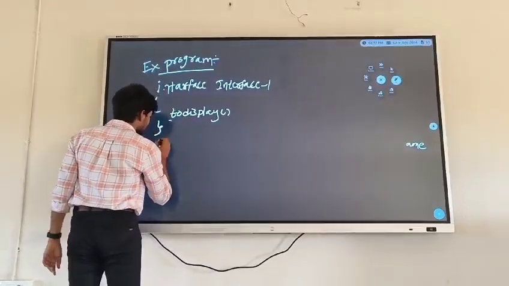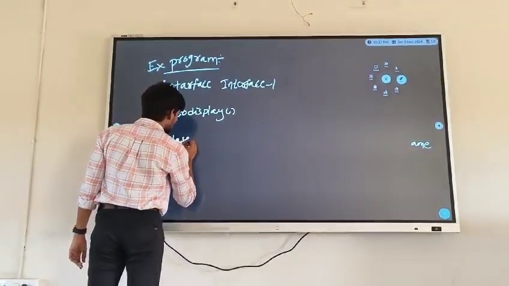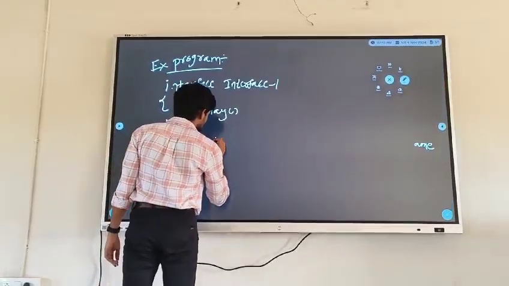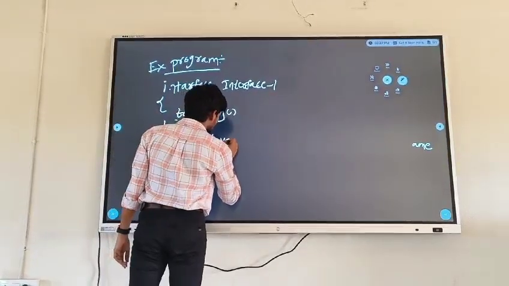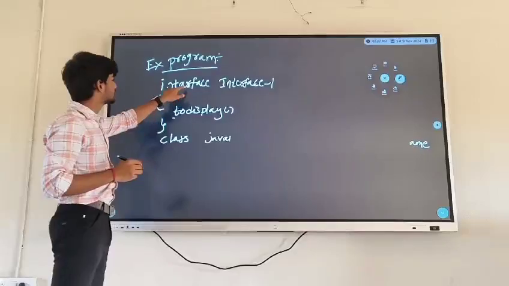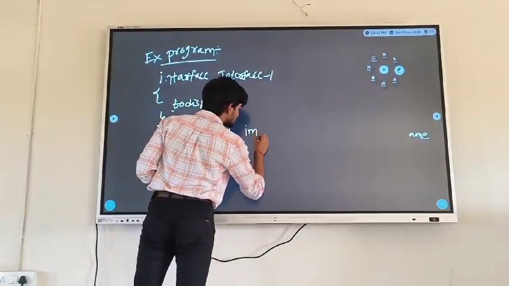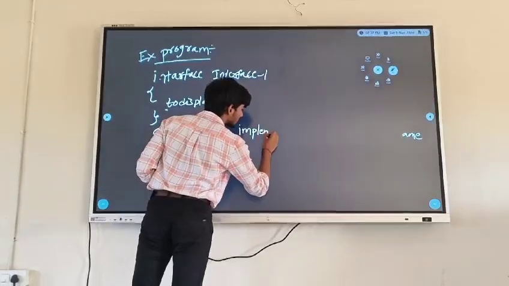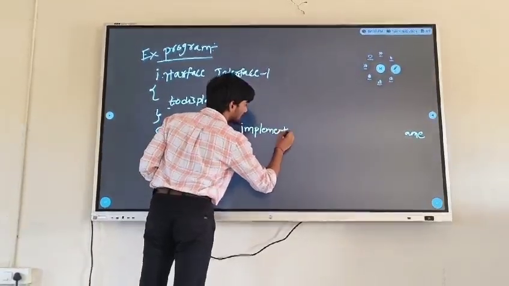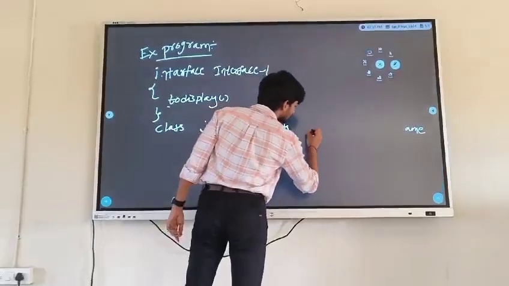Now I am taking another class, Java 1, and here, to implement the interface, we need to write implements, and here we need to write the interface name.